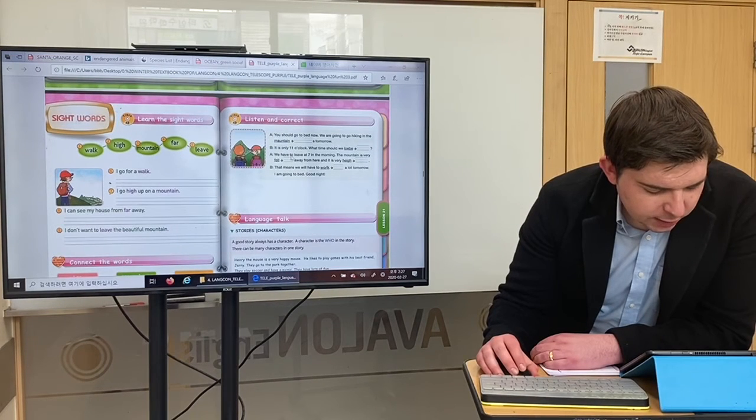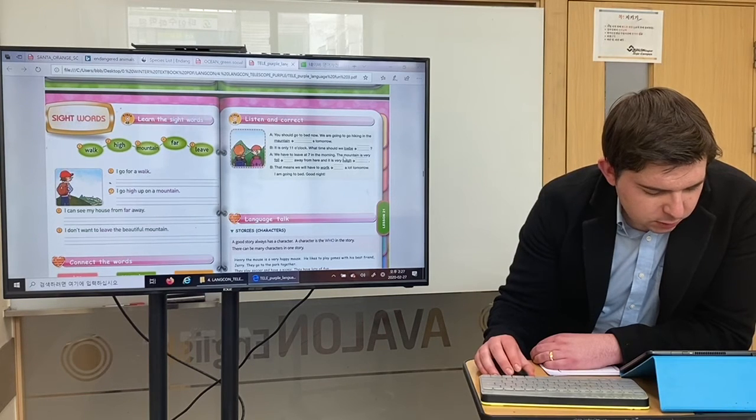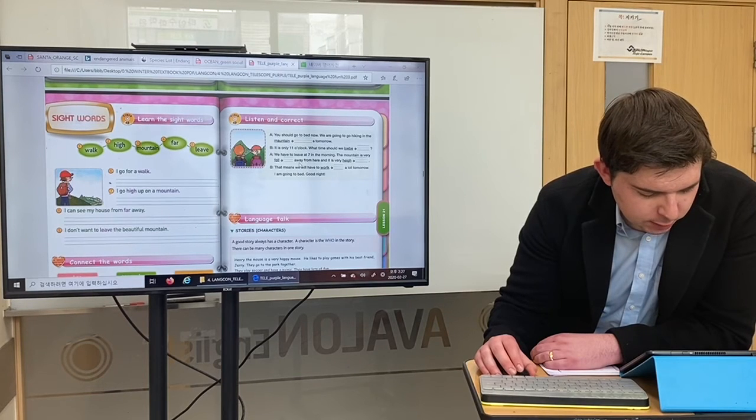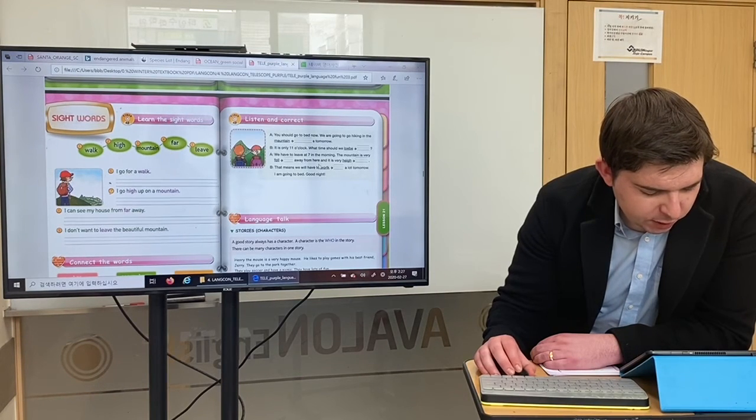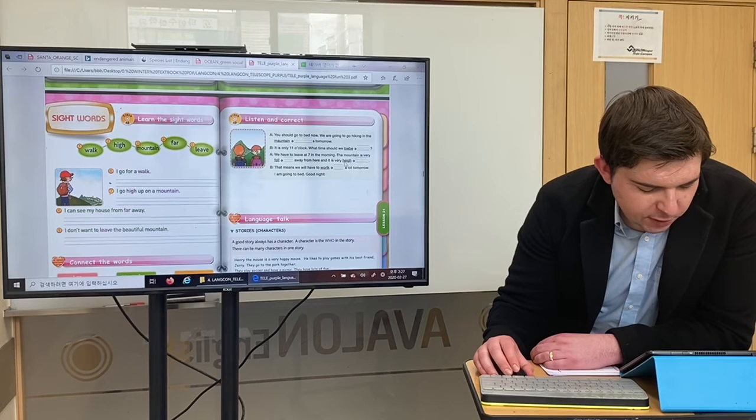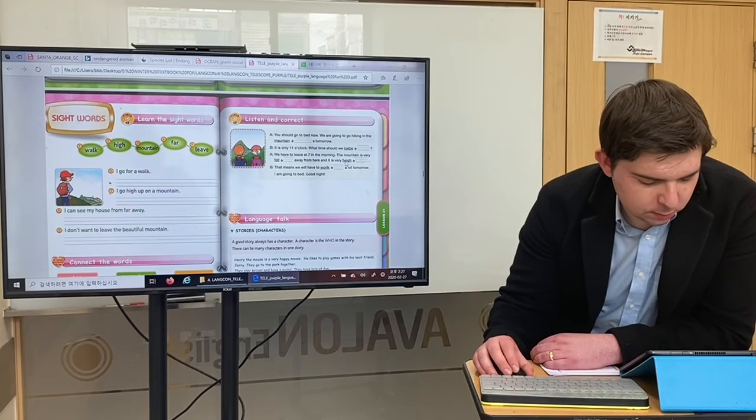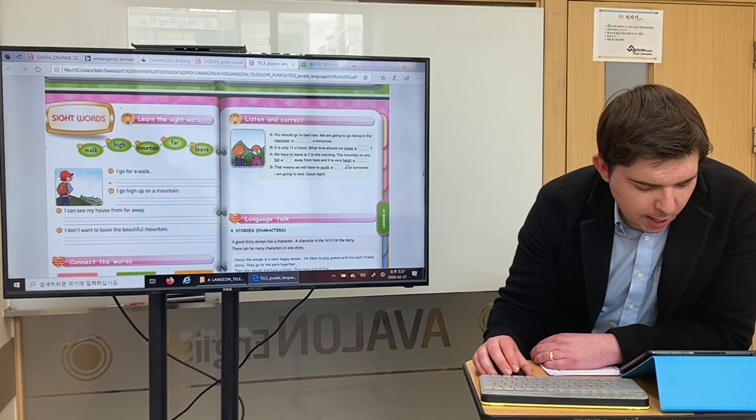We have to leave at 7 in the morning. The mountain is very far. How do we spell far? Far. Yes, good. Away from here, and it is very high. How do we spell high?